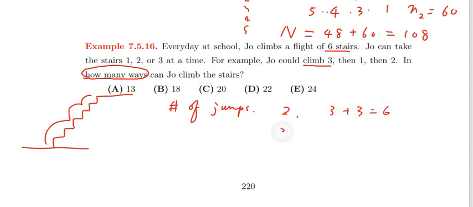If we need 3 jumps, they can be like 3, 1, 2.